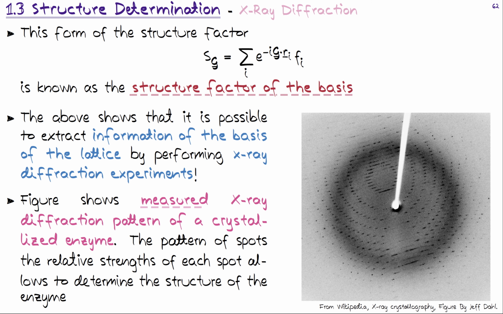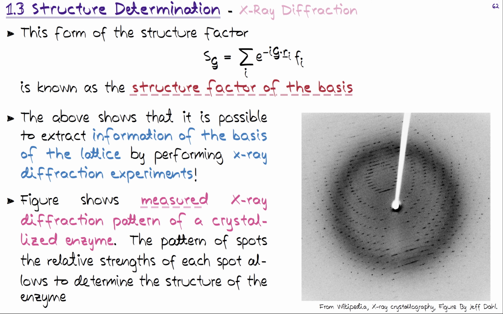This shows an actual measured X-ray diffraction pattern, and it has been measured from a crystallized enzyme. So the challenge in X-ray diffraction experiments and in trying to understand 3D configurations of proteins, enzymes and different structures is how one can make small crystals out of them so that one could perform X-ray diffraction experiments.